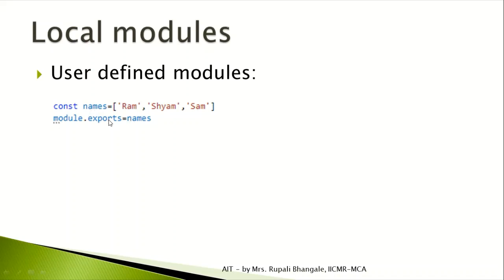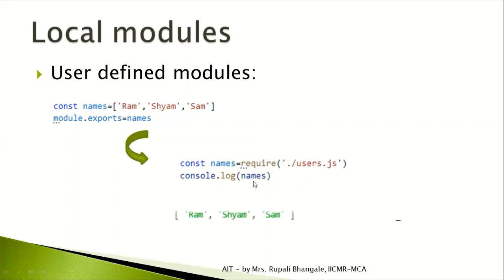These names can be used within another file, let's say app.js, where I have imported the users.js file with require, and then you can simply print those names onto the command prompt. On executing the code you will get this as output. So this is how you can implement the local modules also.